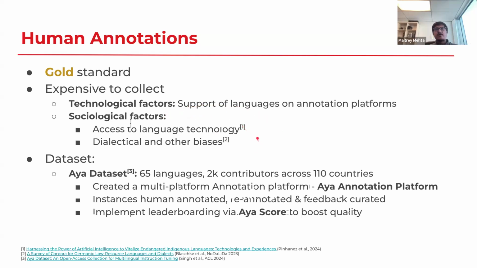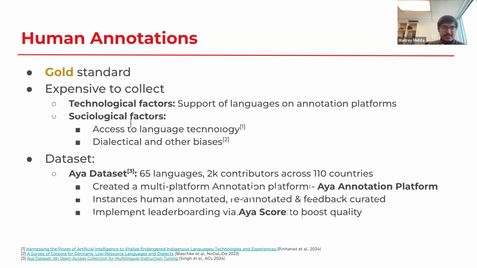Maybe the community who speaks the language that you're building technology for does not even have access to the internet. Who knows, right? And there are other issues like which dialect to pick if you want to collect data, and how to ensure the diversity of the data that is being collected with respect to different dialects in that language, right? So it's a really hard problem. And it's also very expensive monetarily.